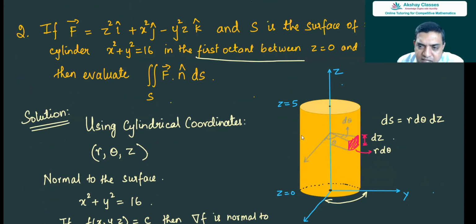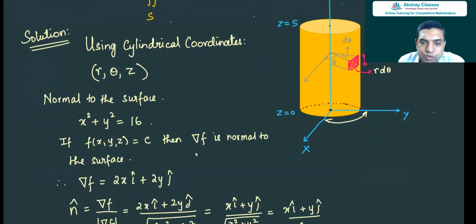Because it's a cylindrical surface, the easy method is to use the cylindrical coordinates r theta z. So r theta is along the xy plane, the polar coordinates, and z is in the z direction. So this is the surface x square plus y square equal to 16, this circle extended from z equal to 0 to z equal to 5. So we get this surface.